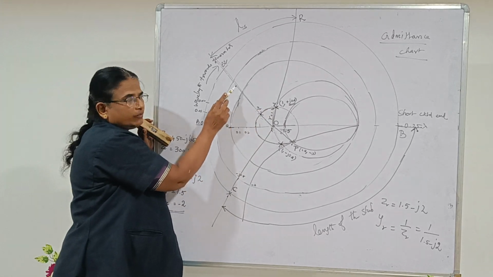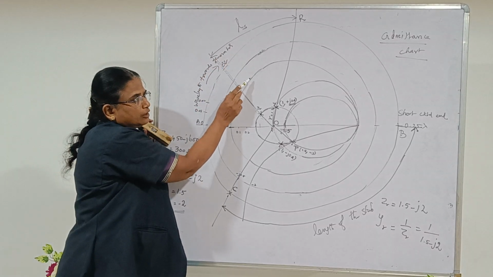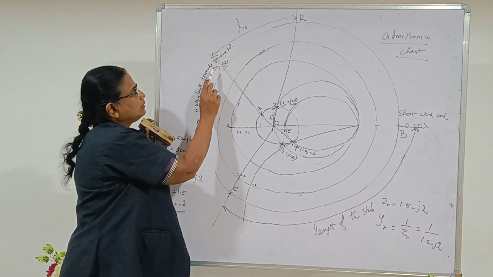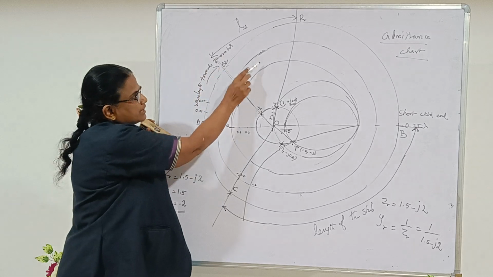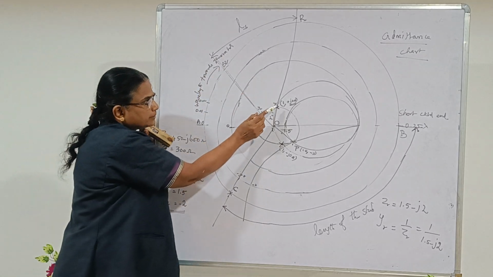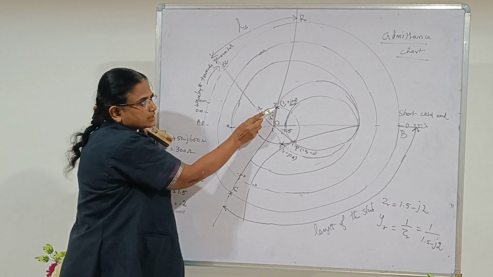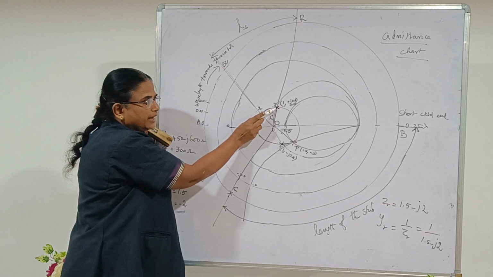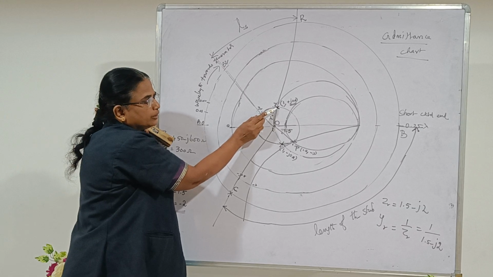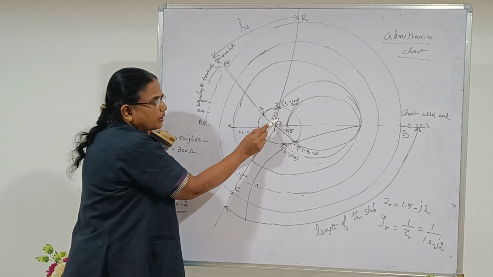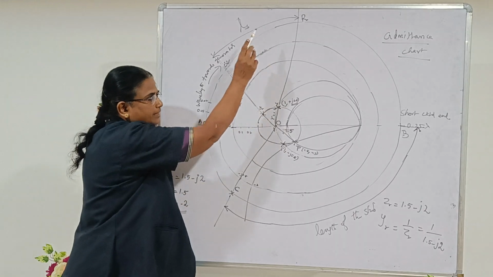In this case, when you move in clockwise direction, you will get this point first. So this is the place where we should connect the stub. So you join this intersecting point with the center and extend it.